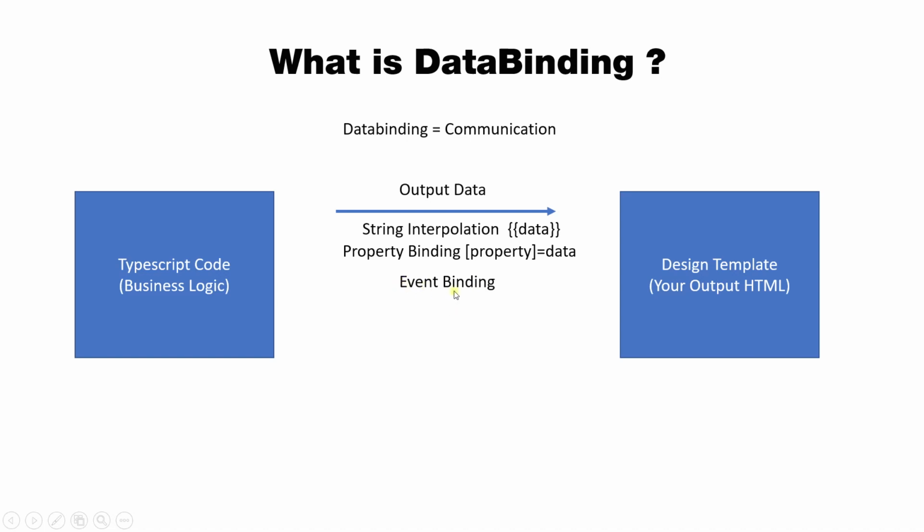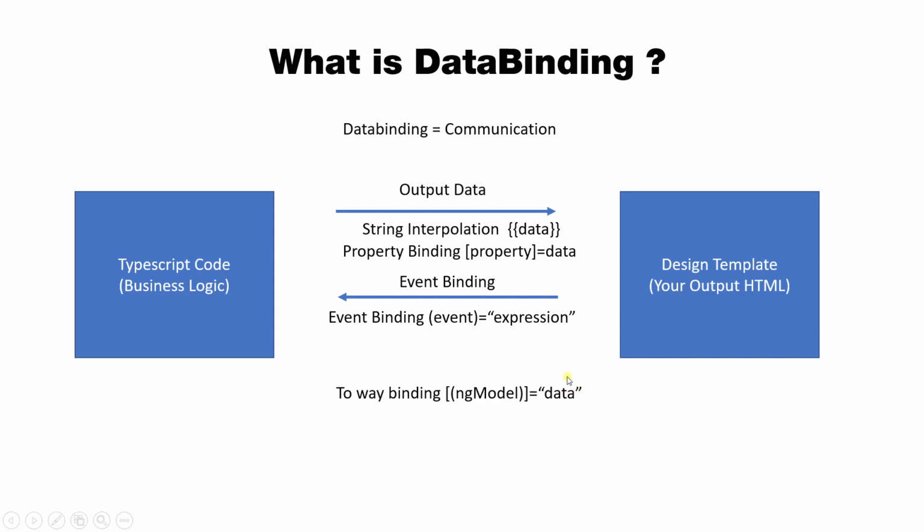Third is event binding. Now when you are having some HTML and you are having a button, supposingly we need to fire some event which is inside your TypeScript code, that is inside your business logic, using that button, then the binding which is done is known as your event binding. And the last way is known as two-way binding, in which the binding will be vice versa.